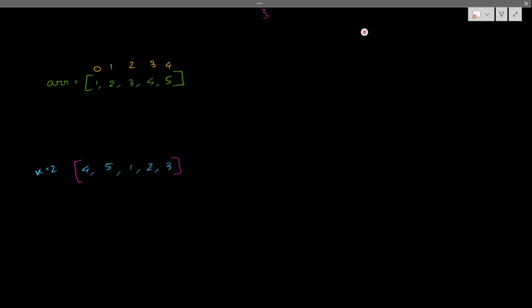Okay, so let's write a pseudocode, you understand what I am saying. So n equals arr.length, and I have to reduce the kth value, k equals k modulo n. And again, as I told, I have to choose a starting point so that I can iterate, right?